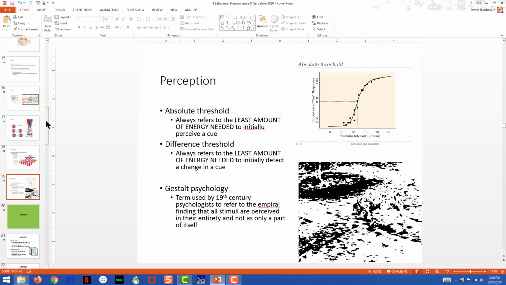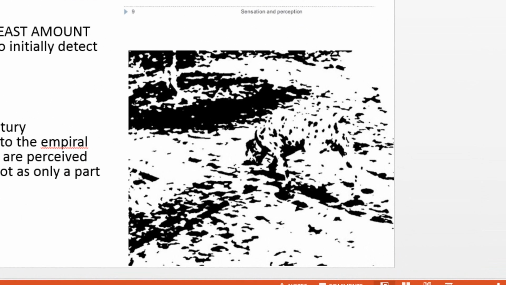The image on the right-hand side of the page shows a Dalmatian in this odd image that's made in high contrast with the black and white only. You may have a little difficulty seeing the Dalmatian, the dog, but if you don't see it, I'll tell you where it is in a moment. Just give you a chance to turn the video off if you haven't seen it and you want to look for it.